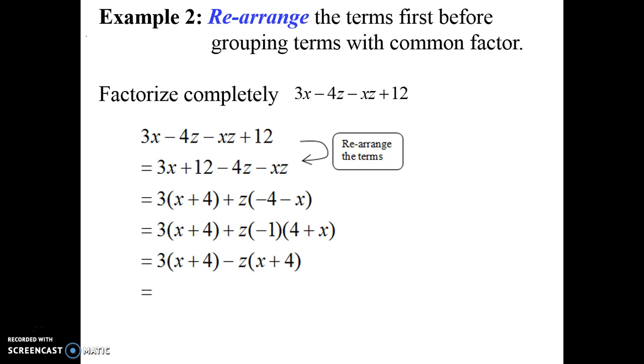Within this expression, you will observe that x plus 4 is a common factor. If you take it out, you'll be left with 3 minus z. So 3 minus z times x plus 4 will be the complete factorization of the original expression.